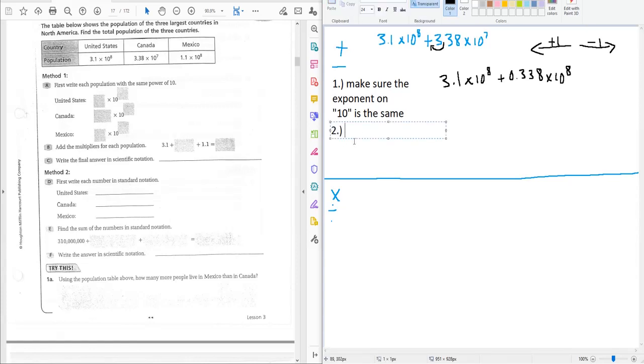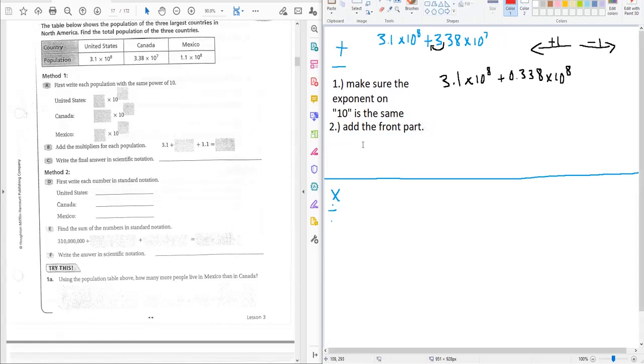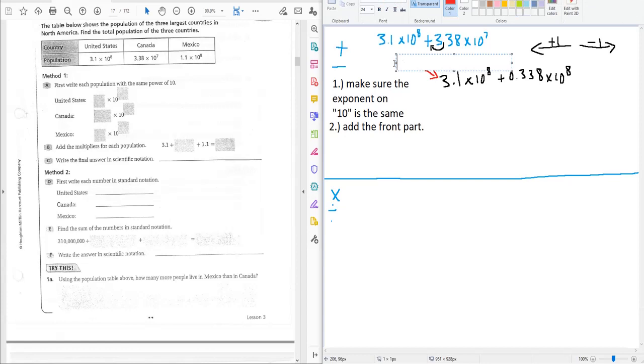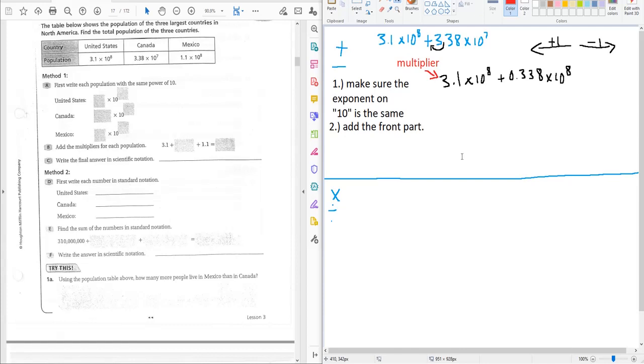Step 2, add the front parts. The front part is called the multiplier. So when I'm talking about the multiplier, this is what I'm talking about.